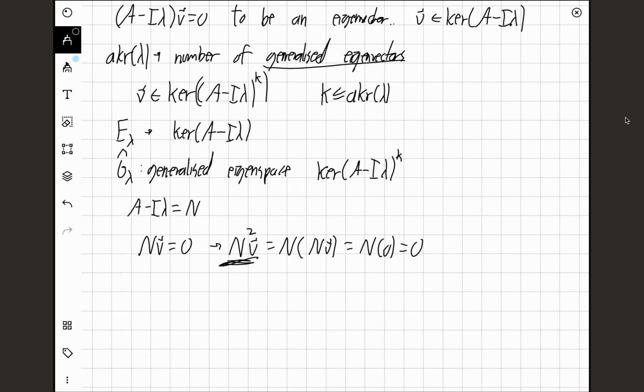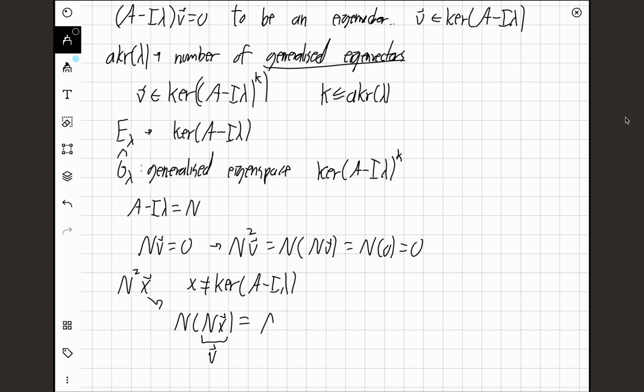But notice that this space can actually be bigger, because n squared can send more vectors to 0 than just n. And we can see that by looking at n squared x, where x is just a random vector which is not an eigenvector. So x, we're going to say, is not inside of the kernel of A minus I lambda. Well, let's see what happens. n squared x is the same thing as n times nx, and let's say that n sends this vector x to our eigenvector v.